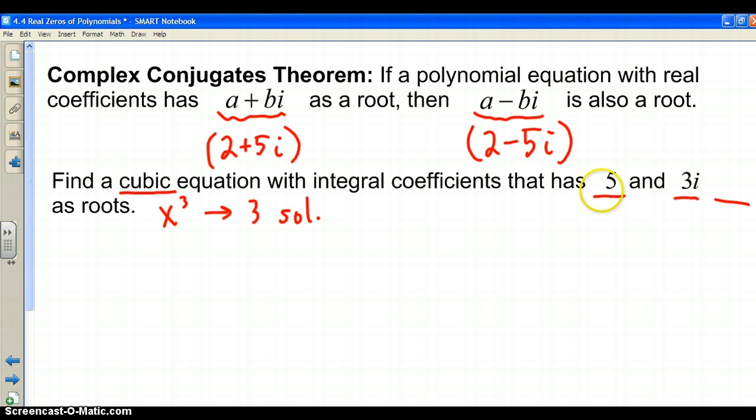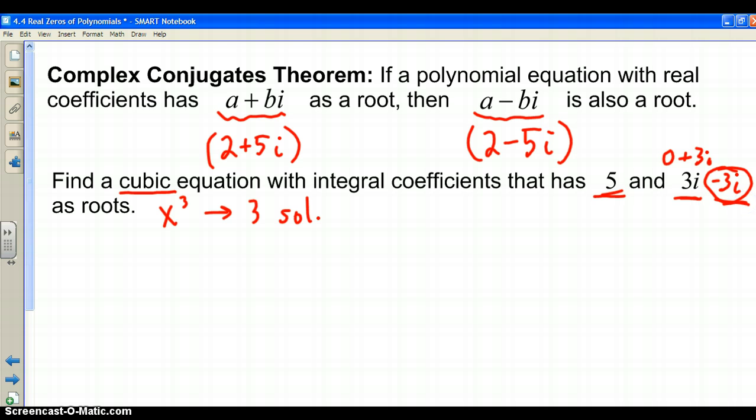This isn't written quite the same form as this, but you can tell this is a complex and imaginary solution. And so I think that this one is always going to have a partner around, negative 3i's with them. If you thought about it, this would be 0 plus 3i. That might make you see easier that this would be the missing solution here. There are 3 solutions for this particular equation.